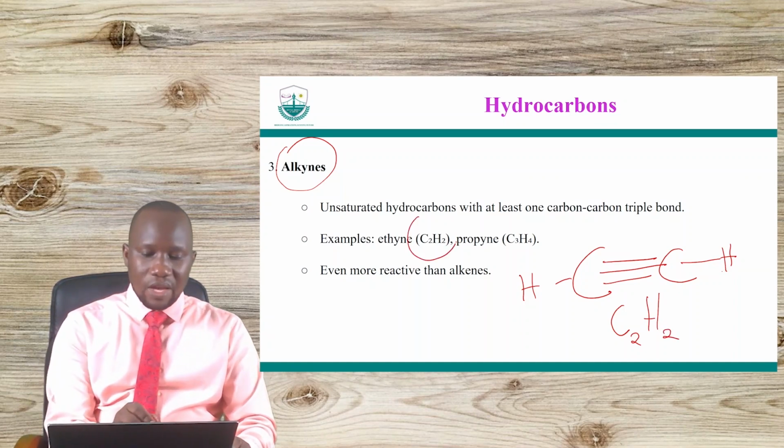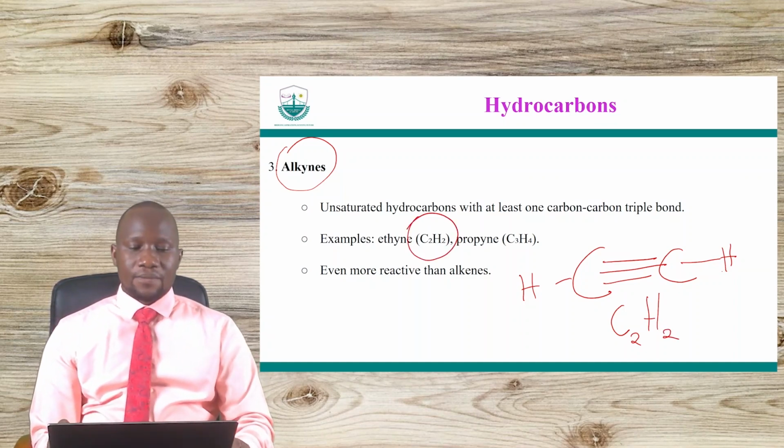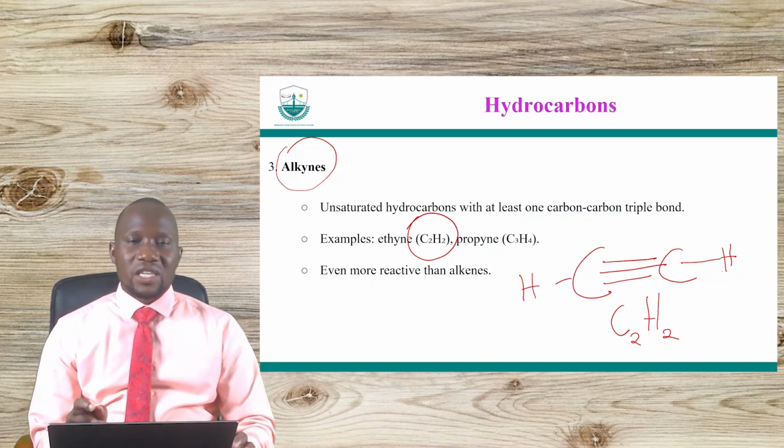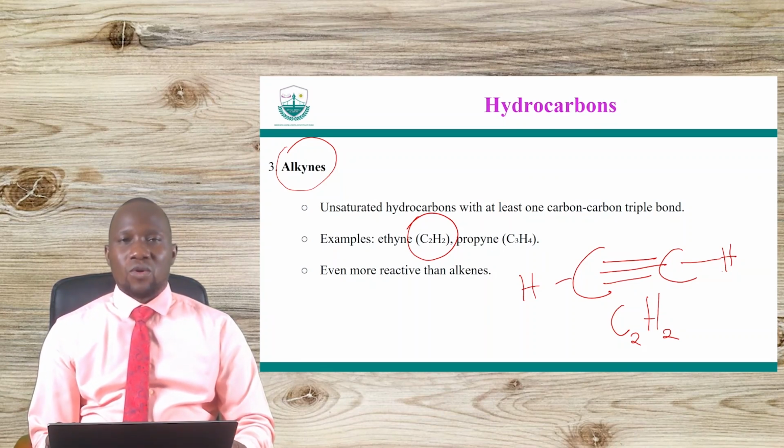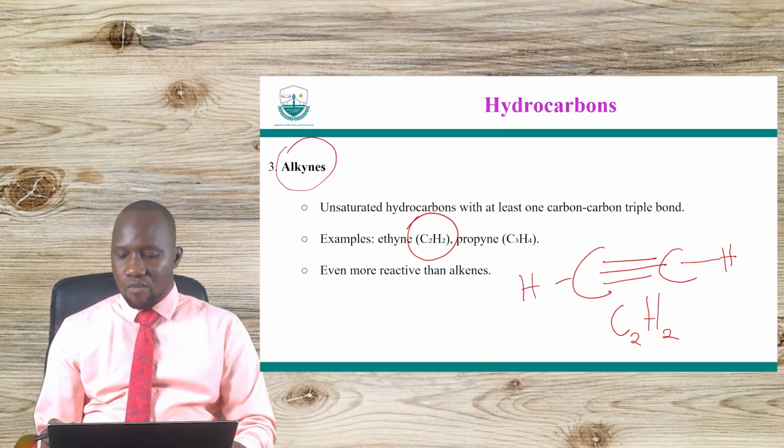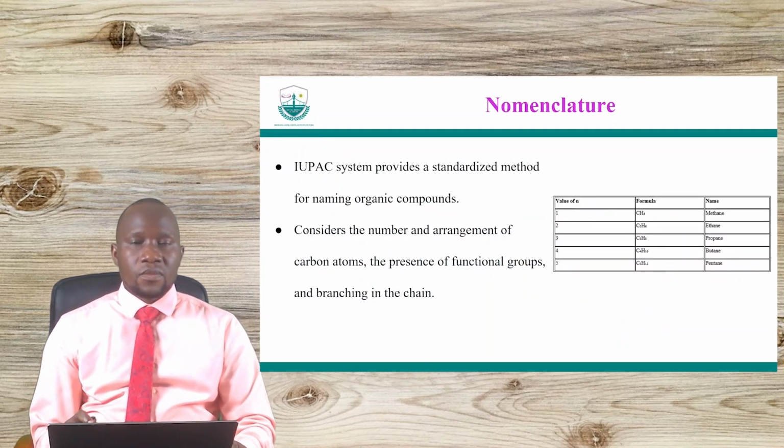So those are the 3 categories of hydrocarbons that we shall look at, compounds that contain hydrogen and carbon, and we have looked at the bonds that make them different. For alkanes, single bond. For alkenes, double bond. For alkynes, a triple bond between carbon and carbon.